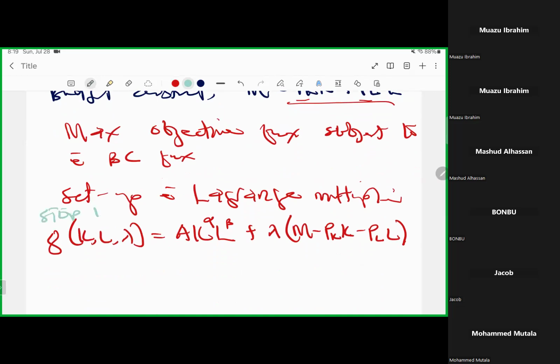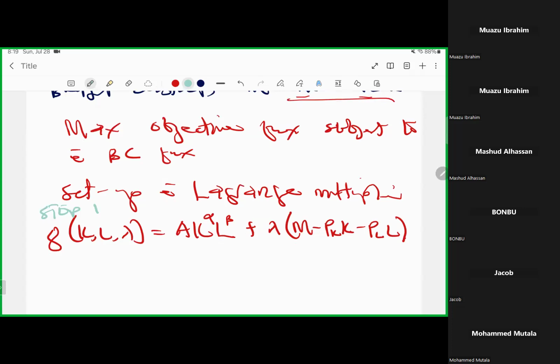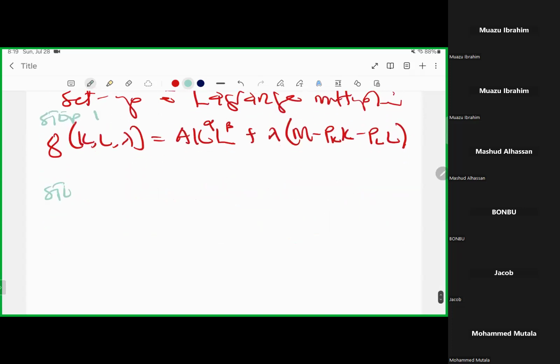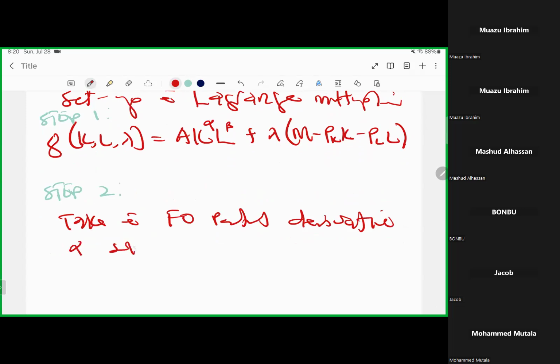This is step one. So step two is what? Step two is for us to take the first order partial derivatives and set the results to zero.